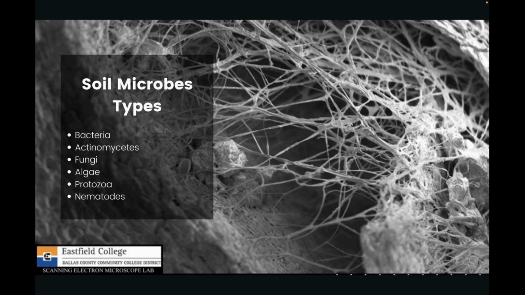But the balance of those matters. If you look at something as simple as grass versus a shrub, grass will require soil that is a little more bacteria focused, whereas a shrub will require soil that's a little more fungi focused.